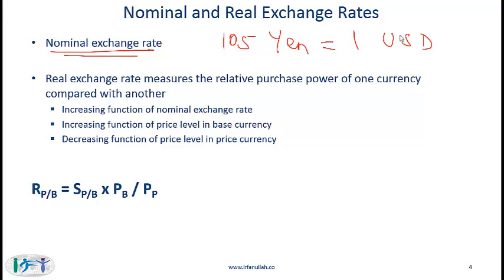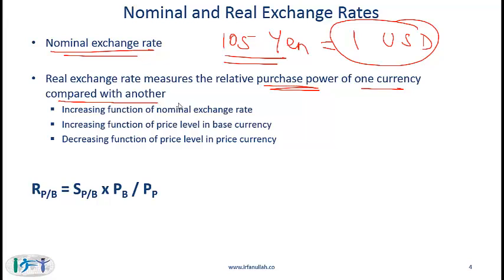It tells us that by handing in 1 US dollar, we can get this many yen. The real exchange rate measures the relative purchasing power of one currency compared with another. And since we are talking about purchasing power, that's why this is called a real exchange rate.